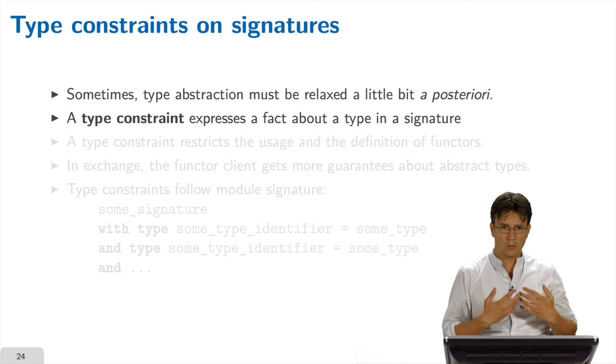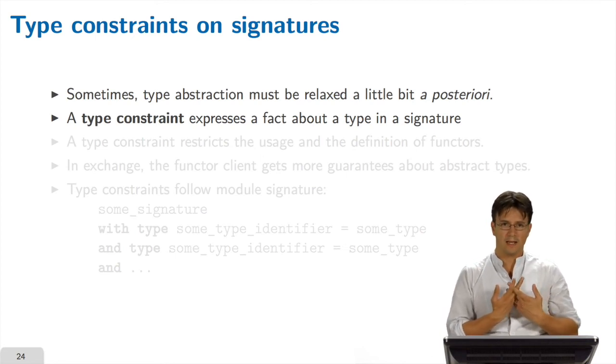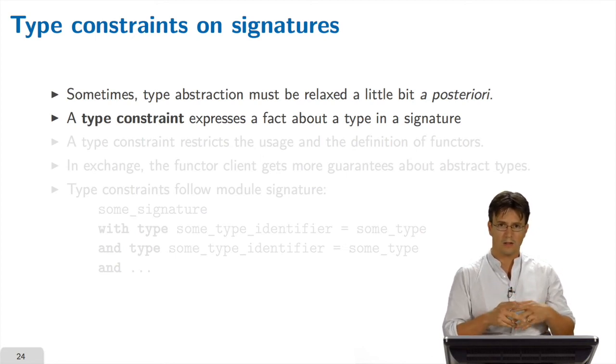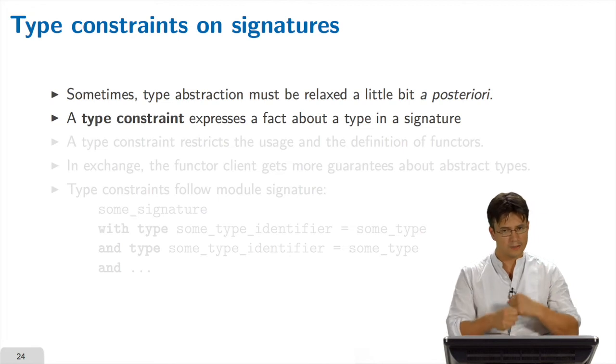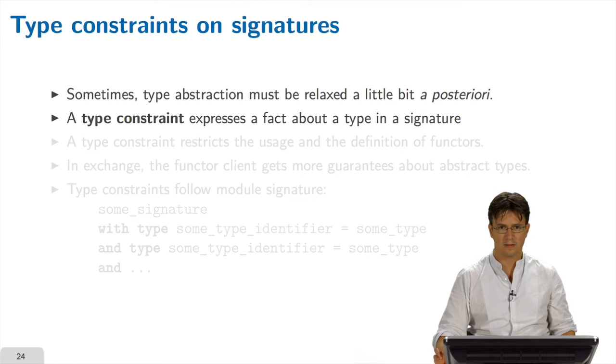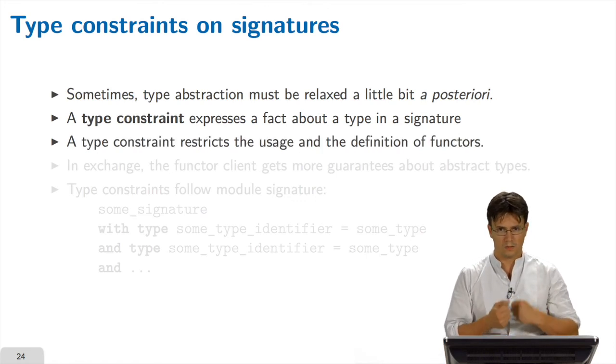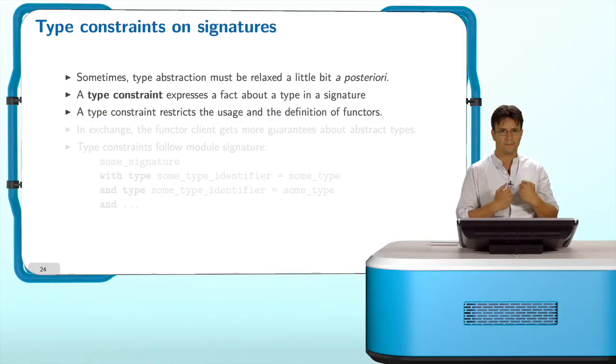And that's exactly the role of a type constraint. It expresses the fact that some type in a signature, which is abstract, satisfies some constraints, some equality with another type.